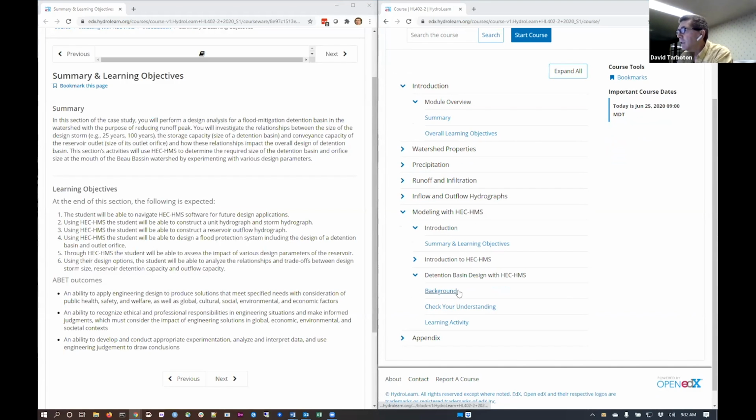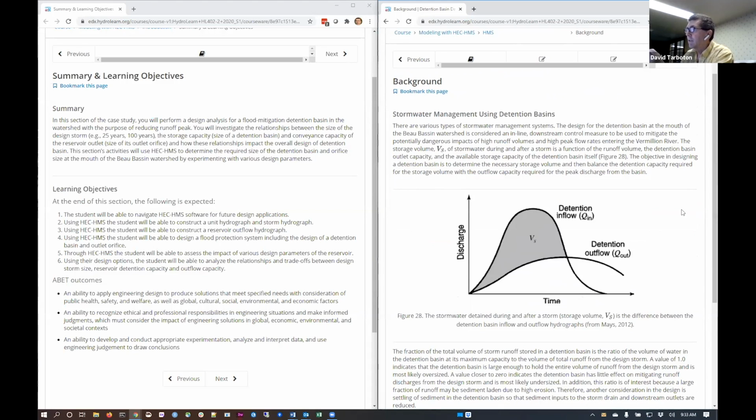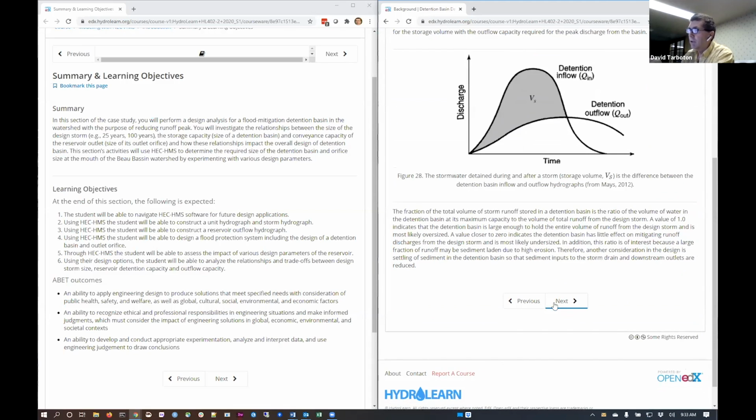So let's go into, okay, I guess I didn't want to go to the background, that just explains what's going on there: various types of stormwater management systems, and the general concepts involved.